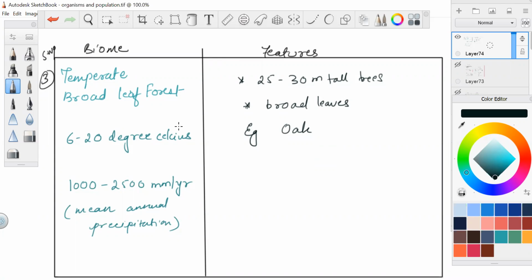Oak can be an example, maple also, maple trees, beeches, all these are broadleaf trees.